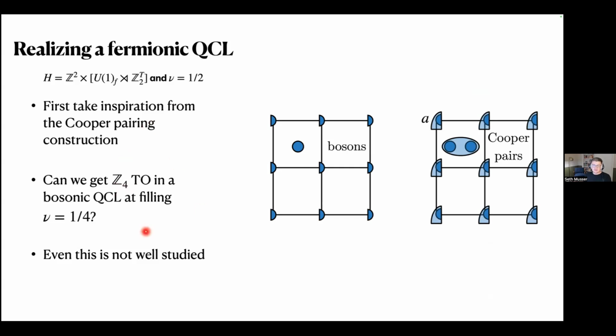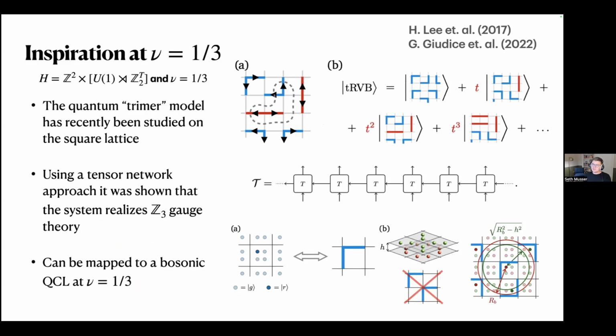But getting Z4 topological order is not really well studied. You could take some inspiration from 1/3, where people have thought about generalizations of the dimer model into a trimer model. And they've shown that they can get Z3 gauge theory, and they can actually map it to a bosonic QCL. They didn't use that language. They used the language of Rydberg atoms, which is also cool.